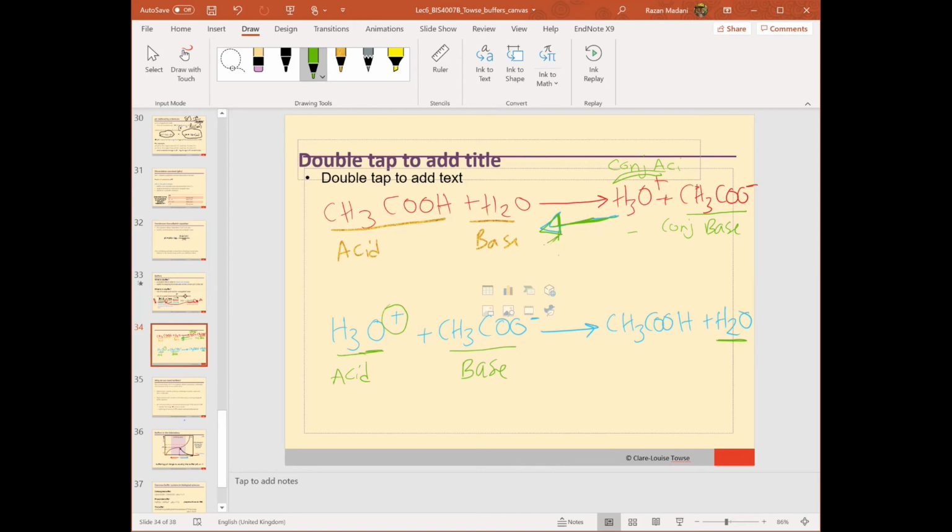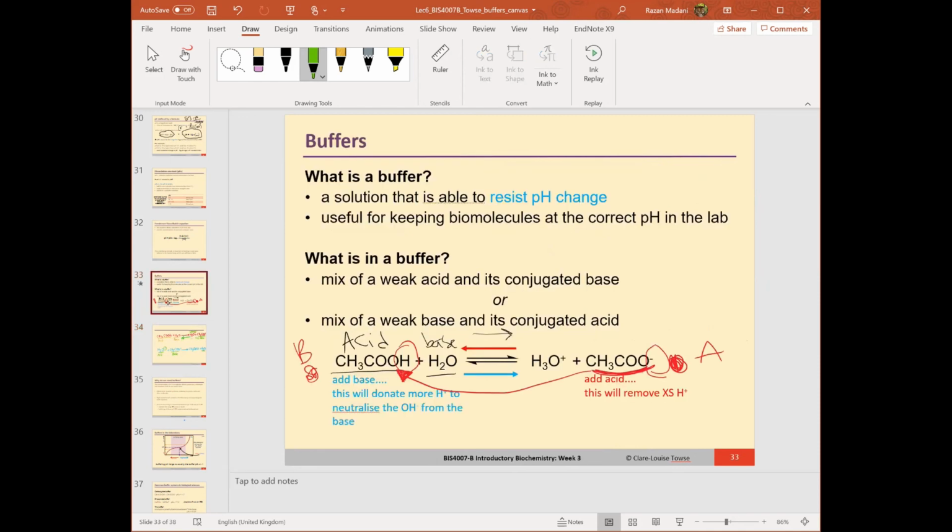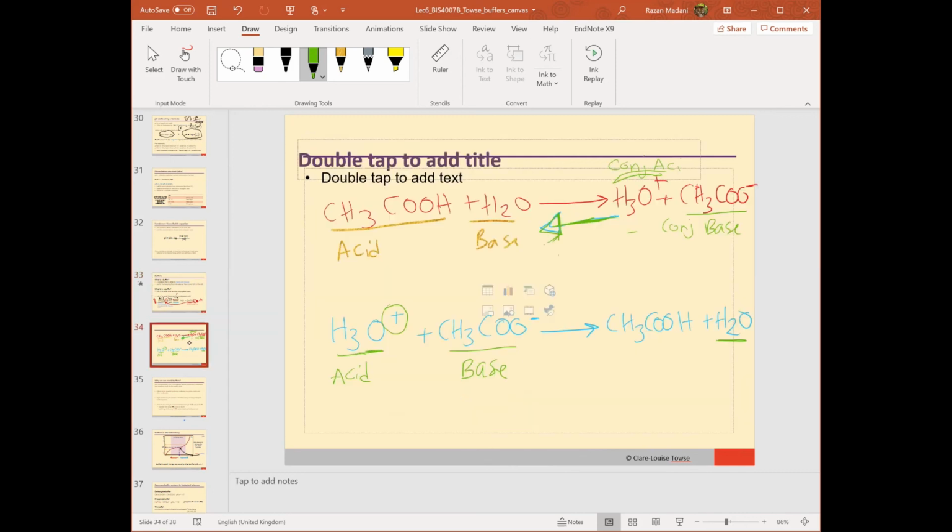So what are we asking here? Mix of weak acid and base. Okay, so which are the conjugate pairs? In this line. So this one, what is the conjugate pair for it?